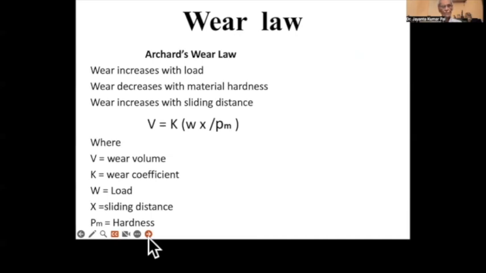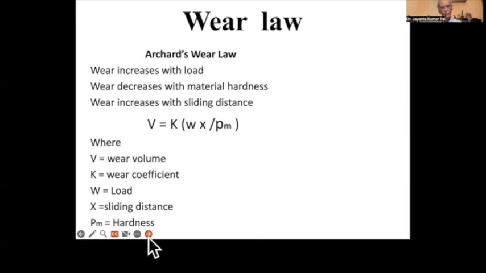So this says that V, which is the wear volume, is equal to K W X divided by PM. K is a constant, and just like we have got friction coefficient, we have also got wear coefficient. So K is the wear coefficient, and then W is the load, and X is the sliding distance, and PM is the hardness.